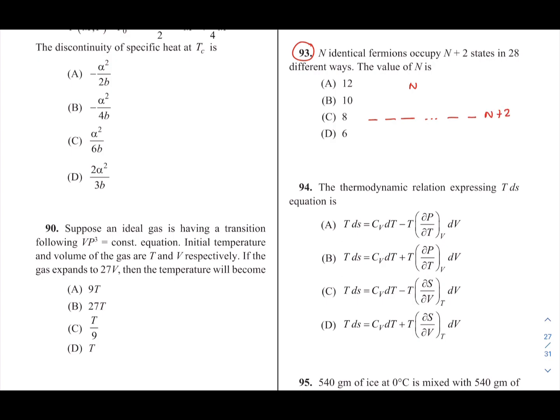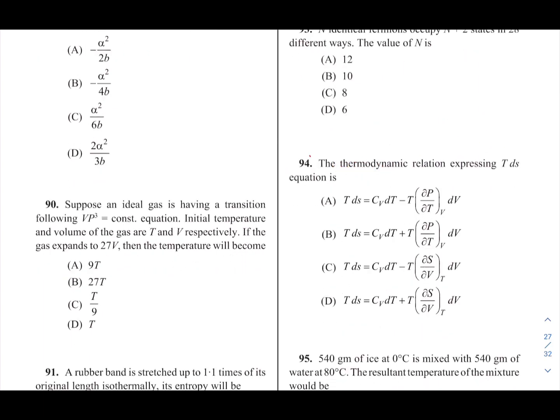So the number of possible ways is n plus 2 choose n, and this is equal to n plus 2 factorial divided by n factorial 2 factorial. So this is essentially n plus 2 times n plus 1 divided by 2, and this is equal to 28, and the solution for n is 6. So option D is the correct answer.